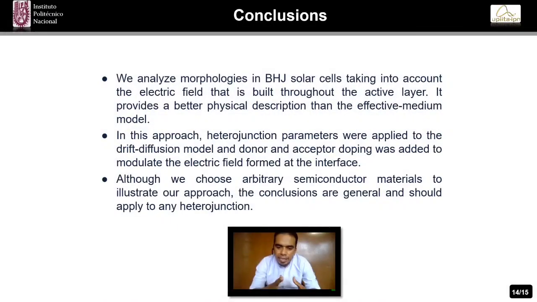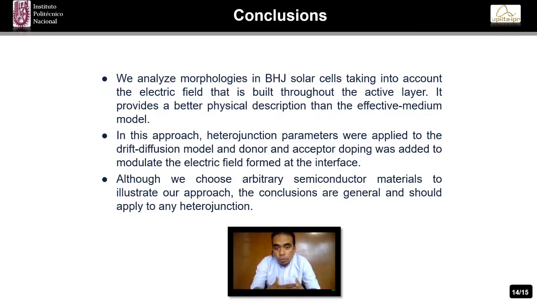In summary, I want to emphasize that with the method that I have presented here, it is possible to analyze irregular morphologies taking into account the electric field that is created at the interface of the heterojunction in the volume of the active layers. The behavior of the results is in agreement with the experimental results that had been reported in the literature.